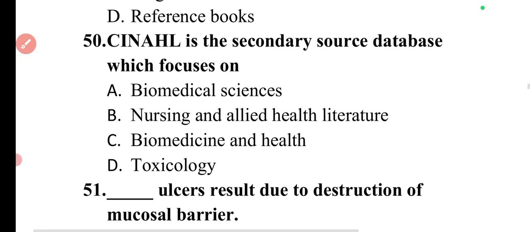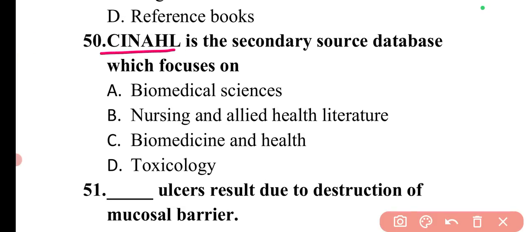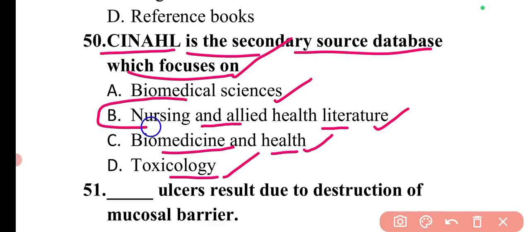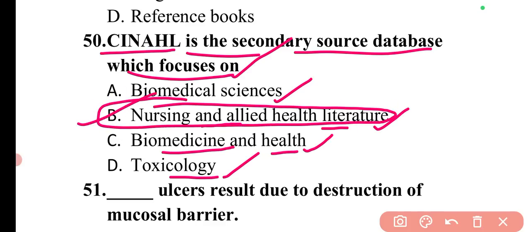Next question is, CINAHL is the secondary source database which focuses on, options are biomedical sciences, nursing and allied health literature, biomedicine and health, or toxicology. The correct answer is option number B, nursing and allied health literature.